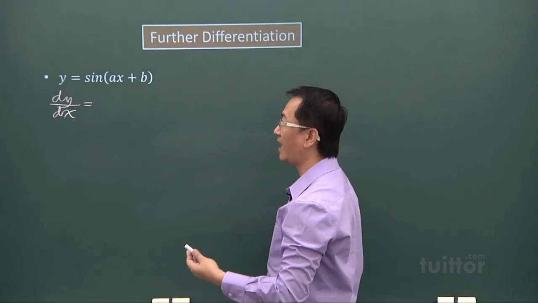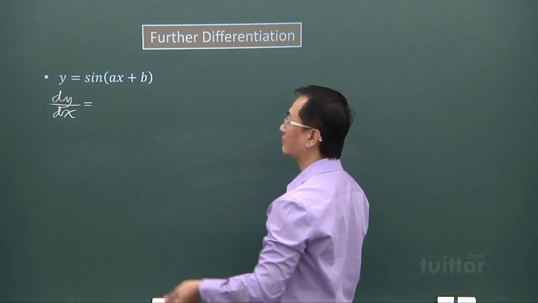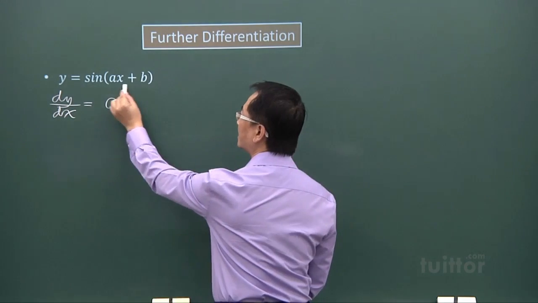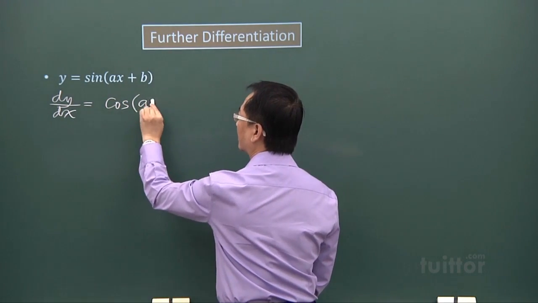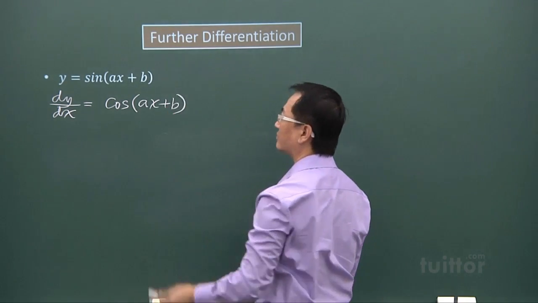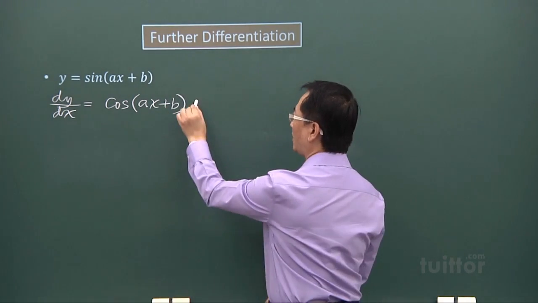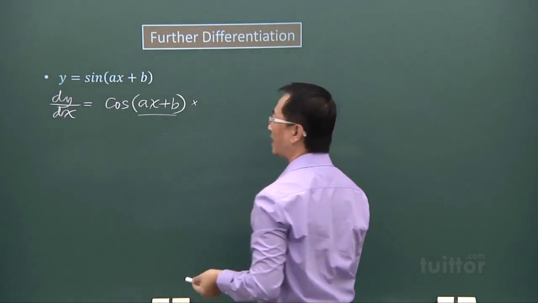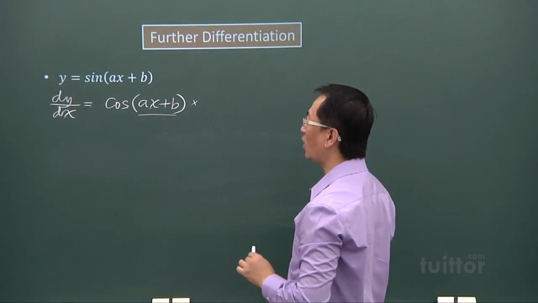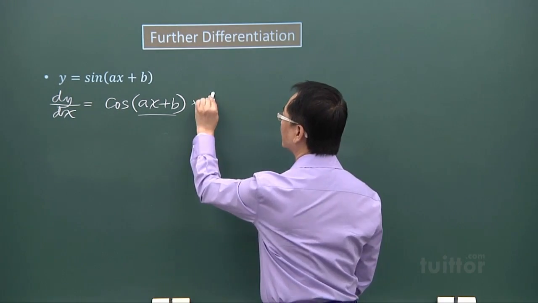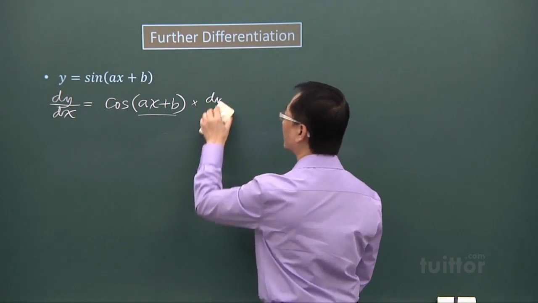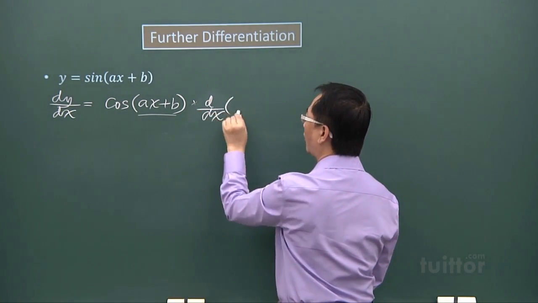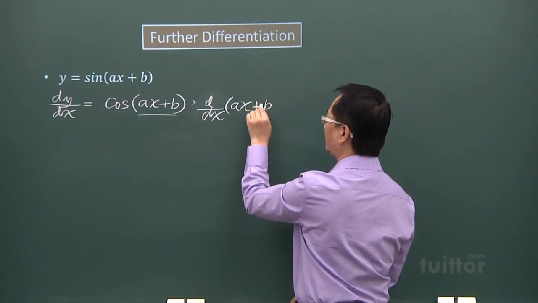If you differentiate sine, you're going to get cos, and this is the angular part. It will remain the same. But beyond that, there is something to consider. This expression has to be differentiated once more. So over here, I will have the differentiation of ax plus b.